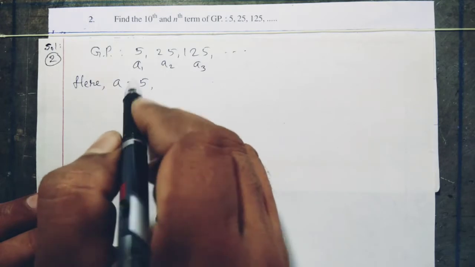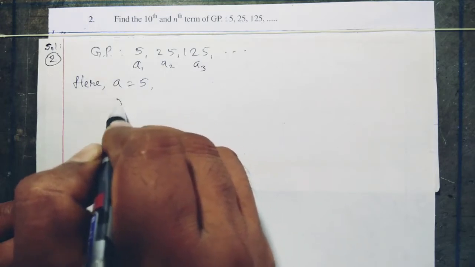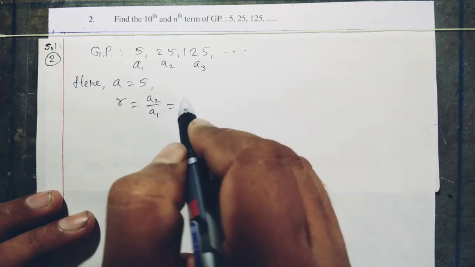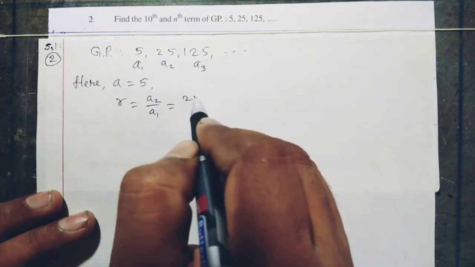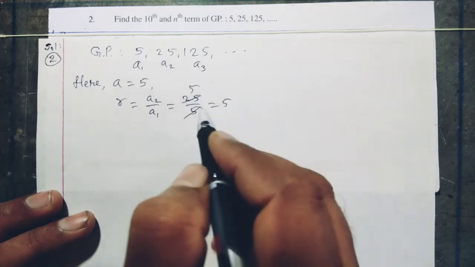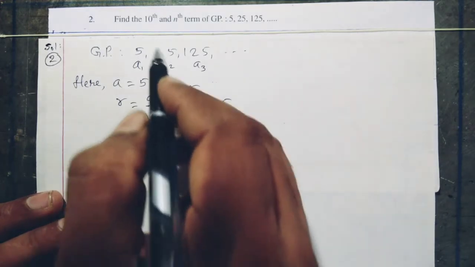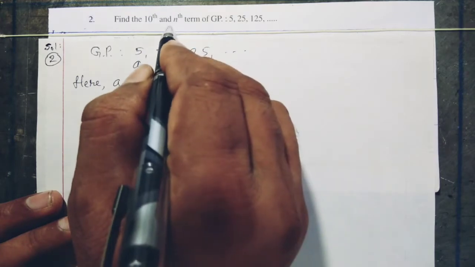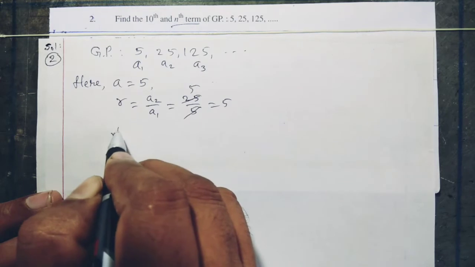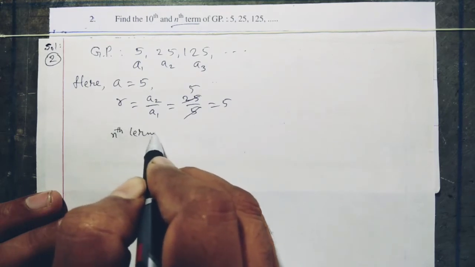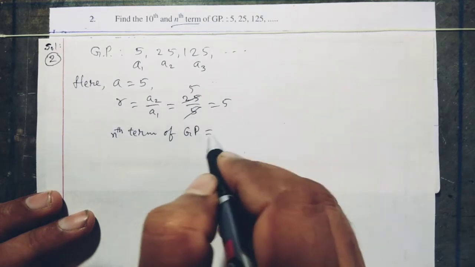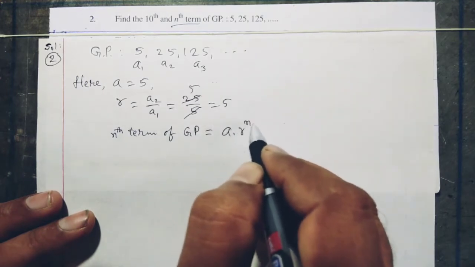So common ratio r is equal to a2 by a1, 25 by 5, 5 ones are 5, 5 5s are 25, so 5. 10th term, nth term: first we can write nth term of GP, a r to the power of n minus 1.